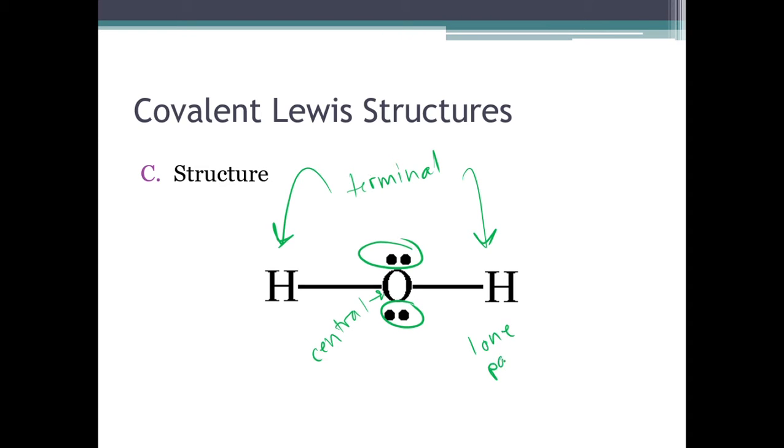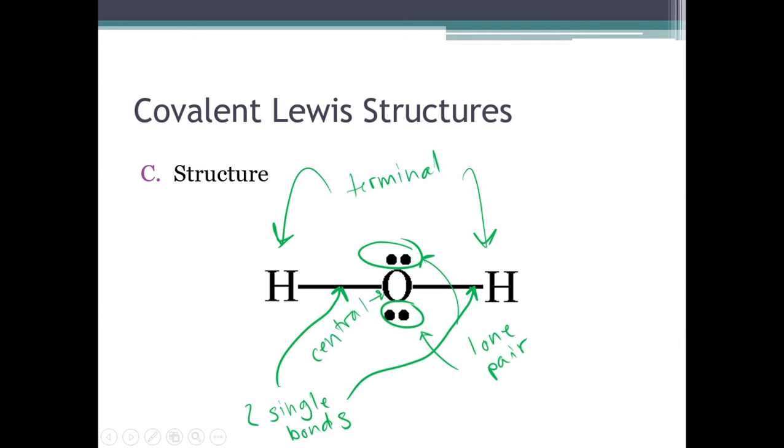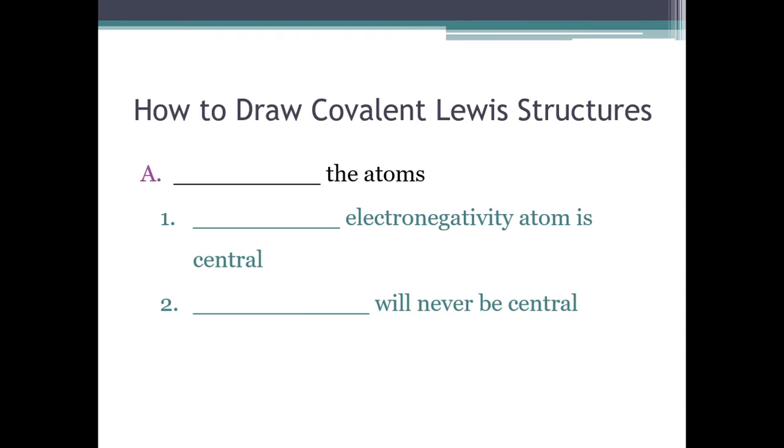So those are not involved in the bonding at all. Those just belong to the oxygen atom. And finally, we have two single bonds. There's this one right here and this one right here. So those are sort of your different pieces of your Lewis structures.